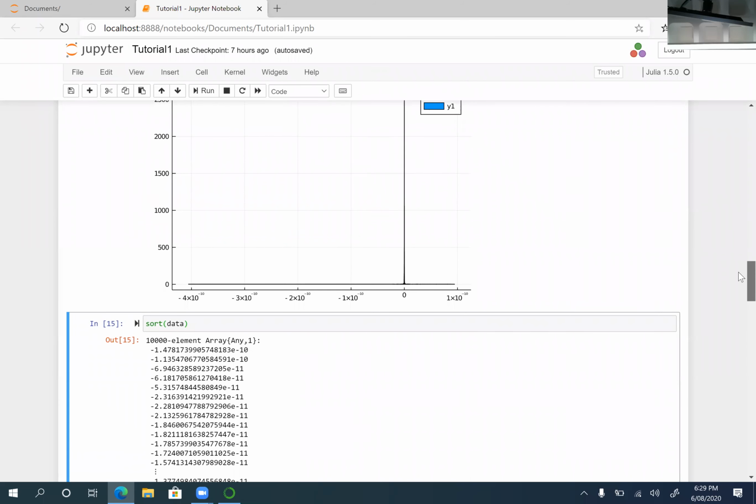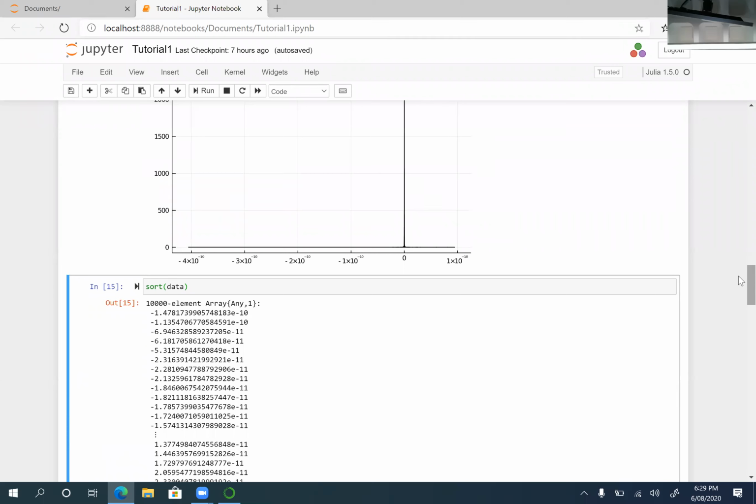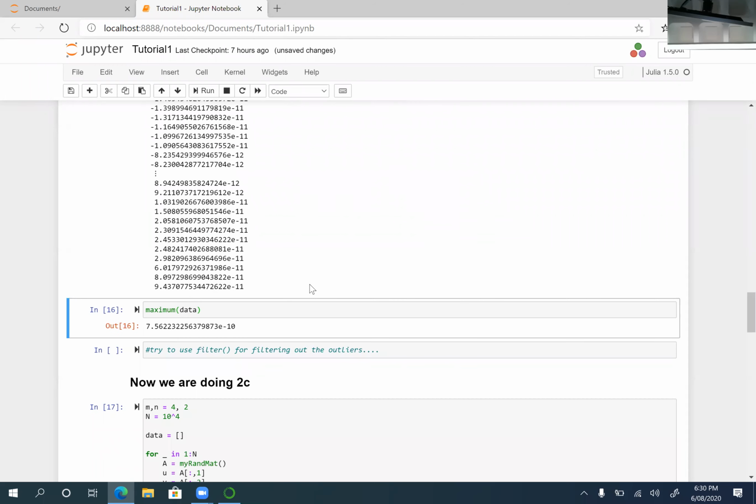Okay, next we have a new function, sort. Now data is already in memory. So what sort will do is just sort the numbers in the data set from least to greatest. Okay, so we can see them all sorted, which is handy. So let's do that, and then I'll scroll up to show you the output.